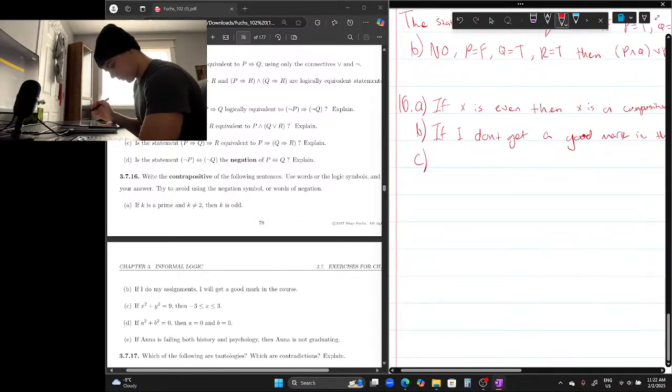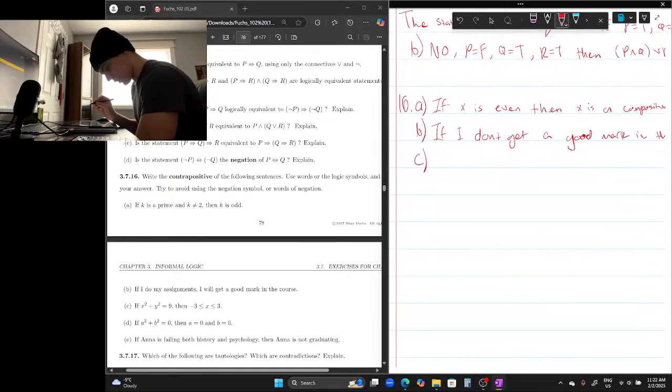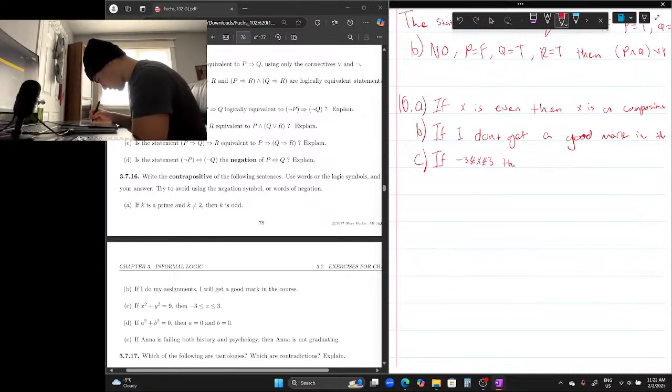If x squared plus y squared is equal to 9, then x must be between -3 and 3. If x is not less than 3, so basically as long as it's not in that range, then x squared plus y squared is not equal to 9.